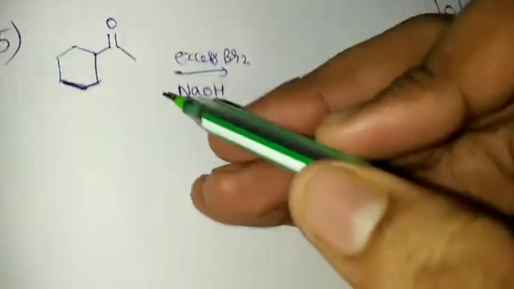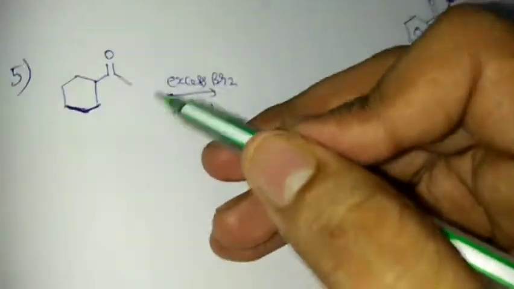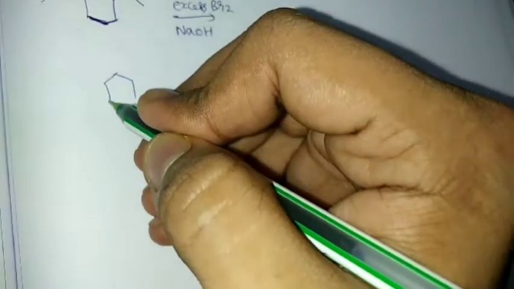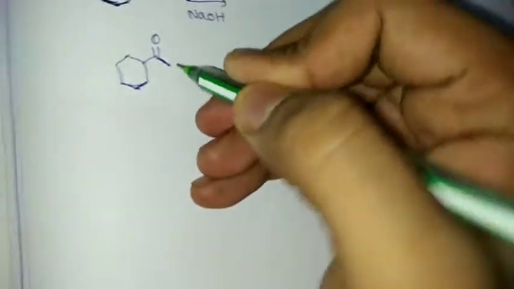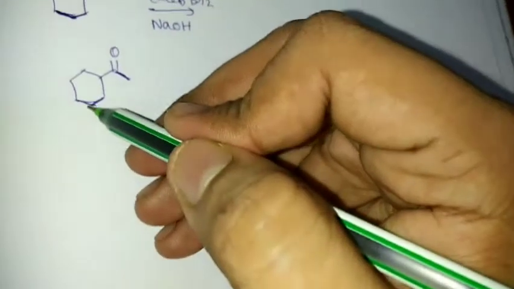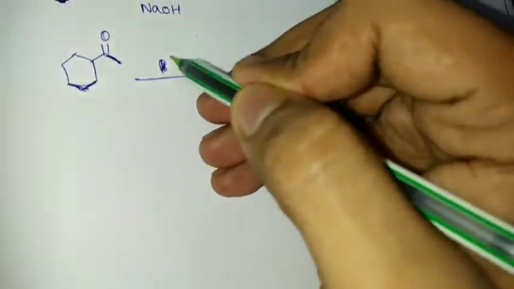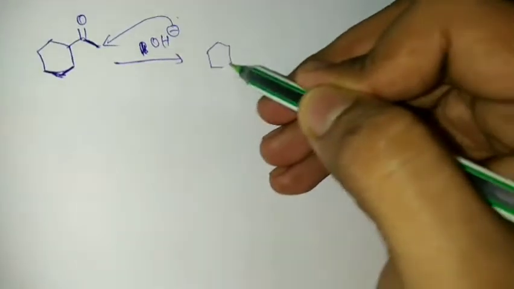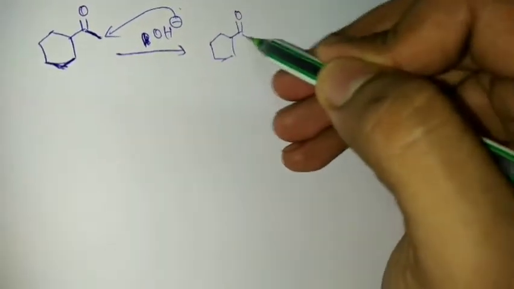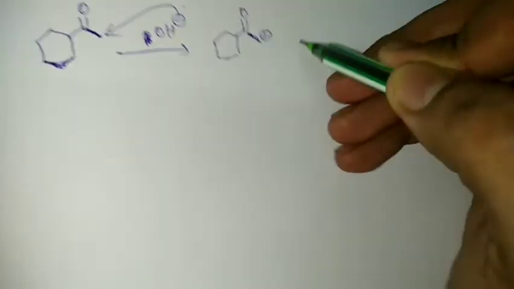So what will happen? Simple. They have said propose a mechanism, so we have to propose it. We can do that, no problem. What will happen first? OH minus comes, abstracts this hydrogen to form the double bond, CH2 minus.